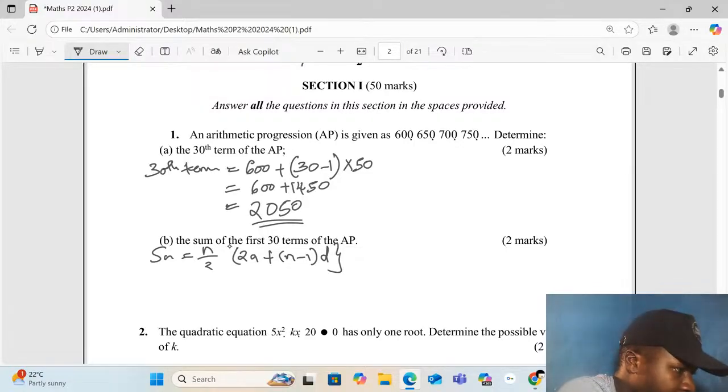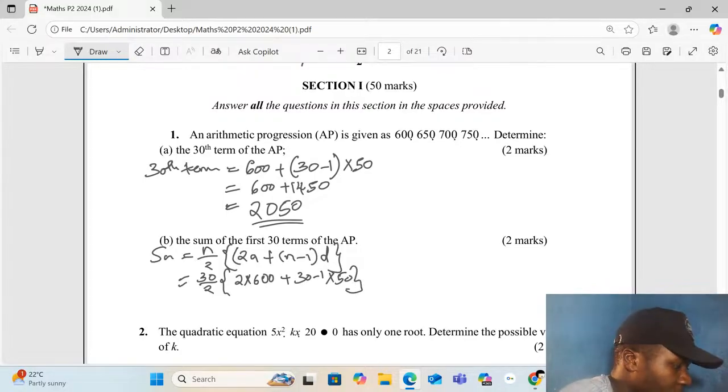So we are going to use this formula. Therefore, our n is 30, so 30 divided by 2, then we have 2 times our first term a, which is 600, plus 30 minus 1, then times 50.